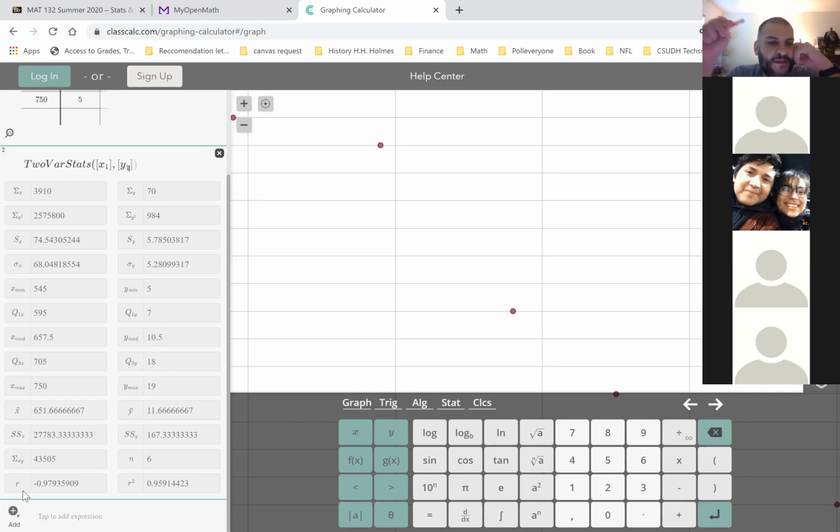All right. Since we got an R value that close to -1, is it pretty safe to say that there is a linear relationship between credit score and FICO score?